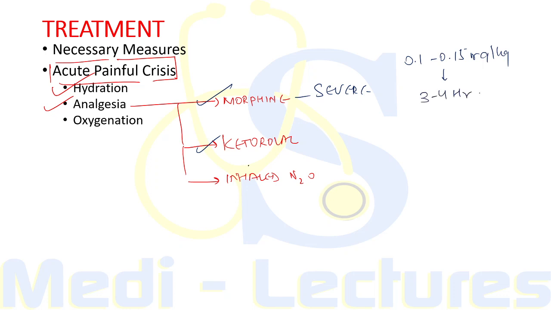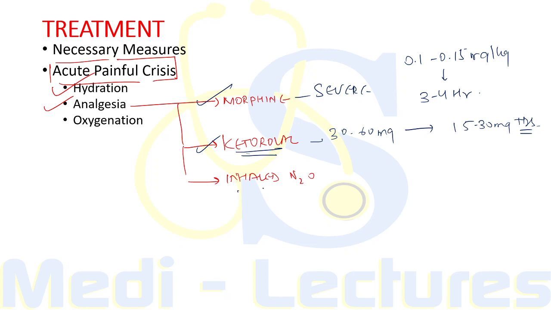On the other hand, ketorolac is a very effective drug, especially for bone pain, and it is given in the dose of 30 to 60 milligram initially, followed by 15 to 30 milligram TDS, thrice daily.